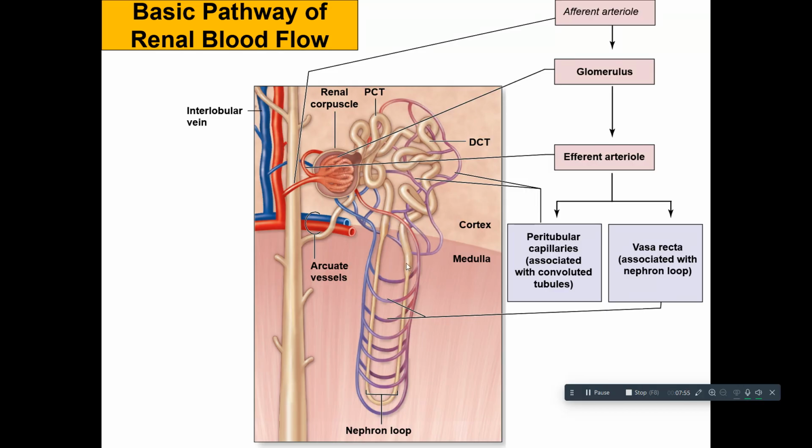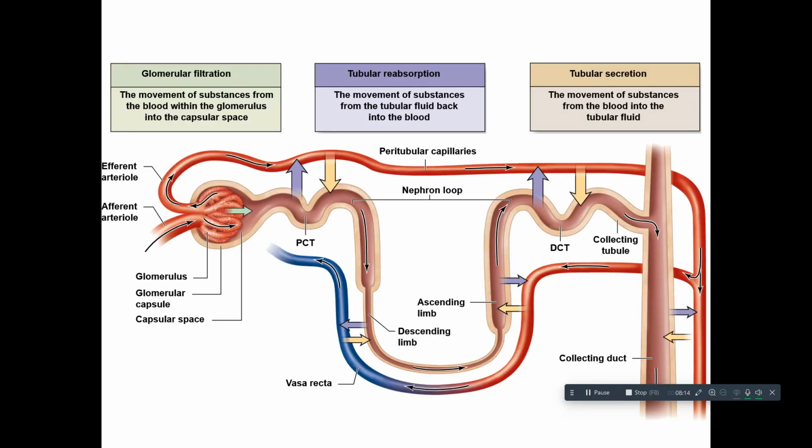And then these capillaries end up emptying into an interlobular vein, which we see over here, then onward to an arcuate vein, then an interlobar vein, and a renal vein. So now we've got the basic flow of blood. And what we can now do is look at what's actually going on with the blood vessels and with the other tubes in the kidneys.